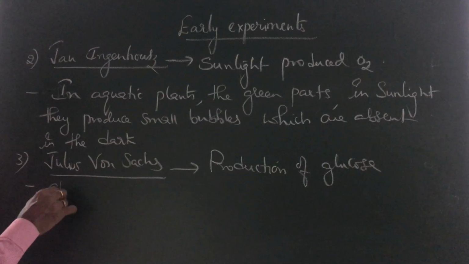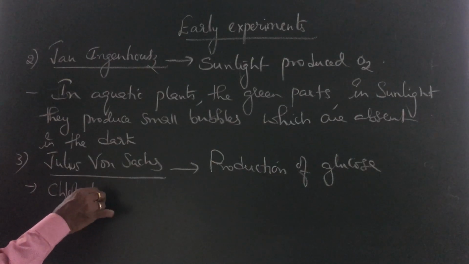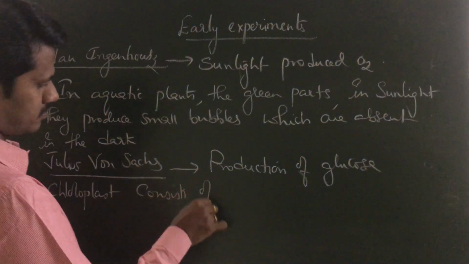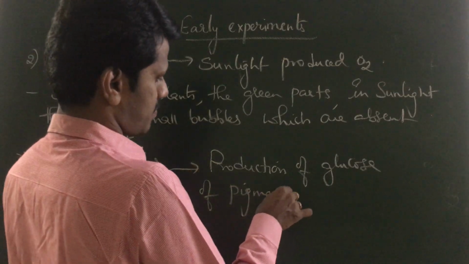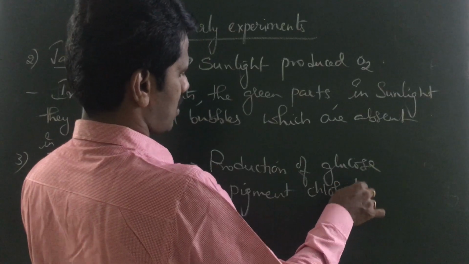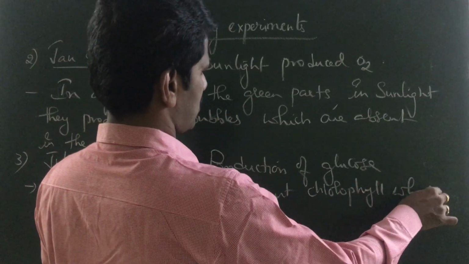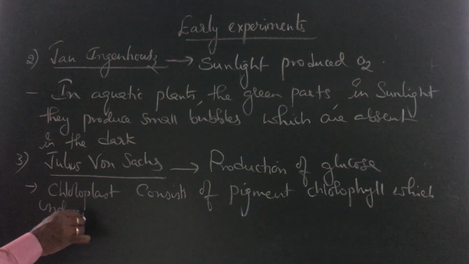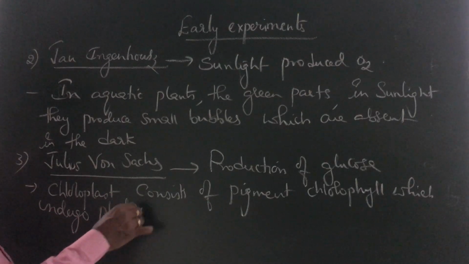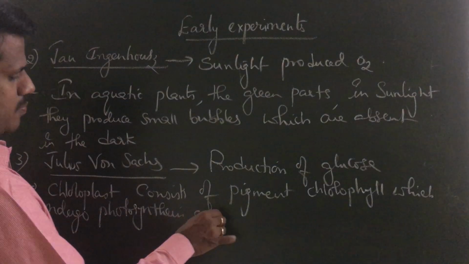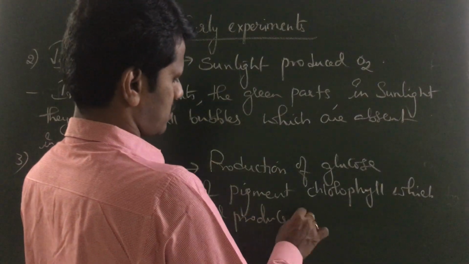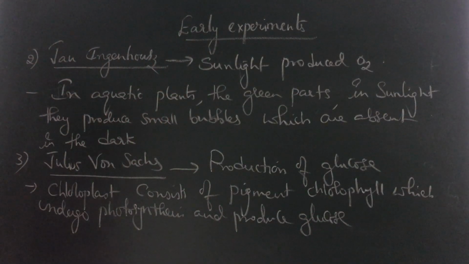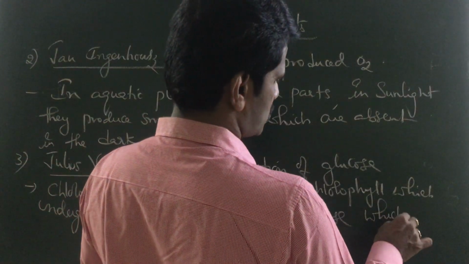The chloroplast consists of the pigment chlorophyll, which undergoes photosynthesis and produces glucose, which is stored as starch.